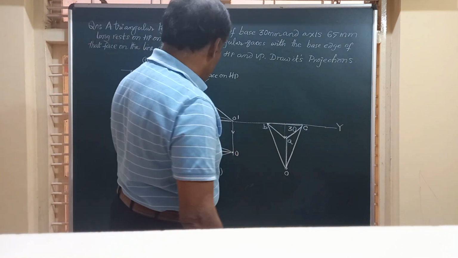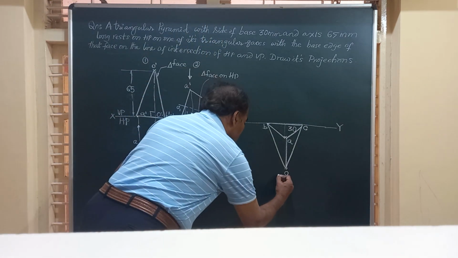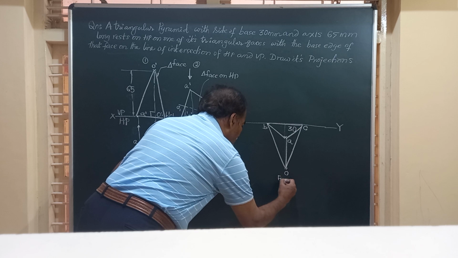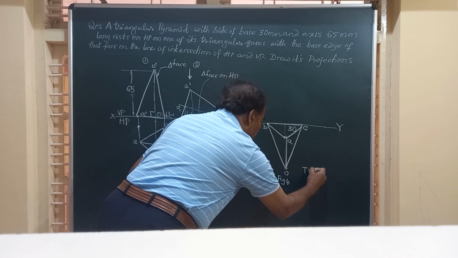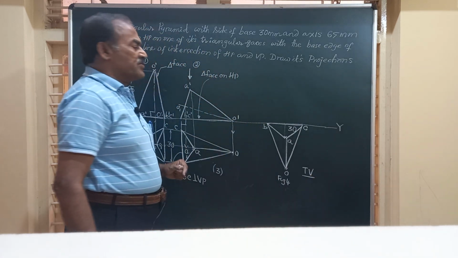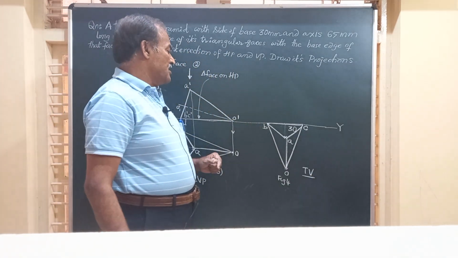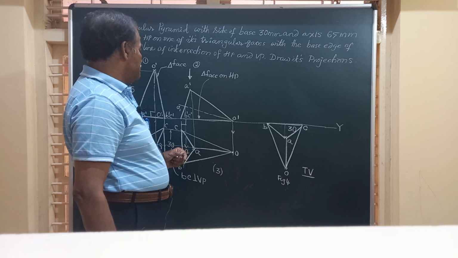Friends, whatever figure we had here, figure number 3, is drawn as figure number 4. And this figure number 4 is the final top view of the triangular pyramid resting on a triangular face on HP.